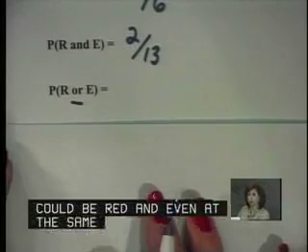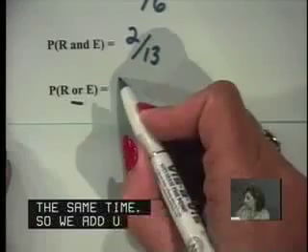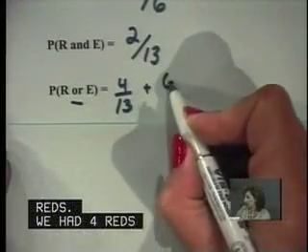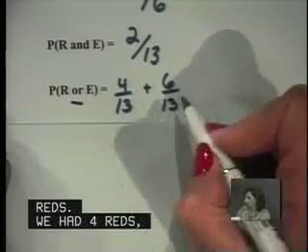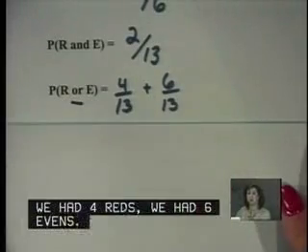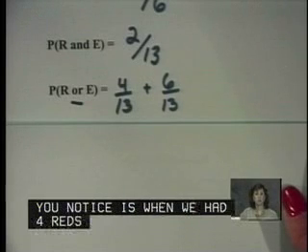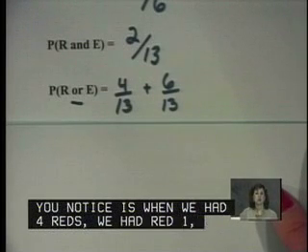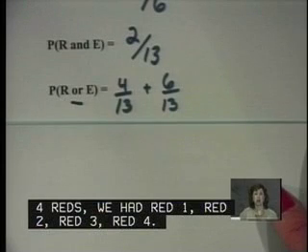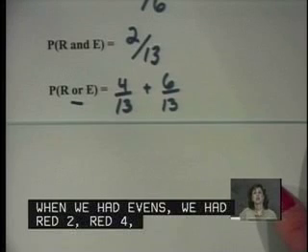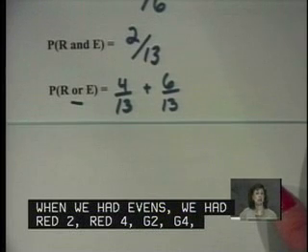So we add up all our reds. We had 4 reds. We had 6 evens. But now, what hopefully you notice is when we had 4 reds, we had red 1, red 2, red 3, red 4. When we had evens, we had red 2, red 4, G2, G4, G6, G8. 2 of those cards were counted twice.